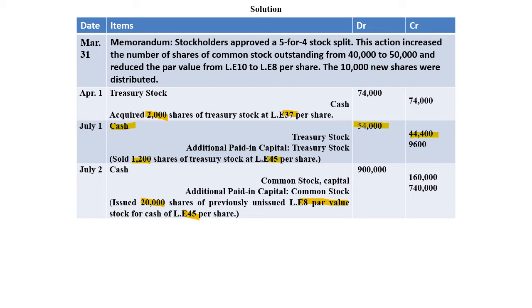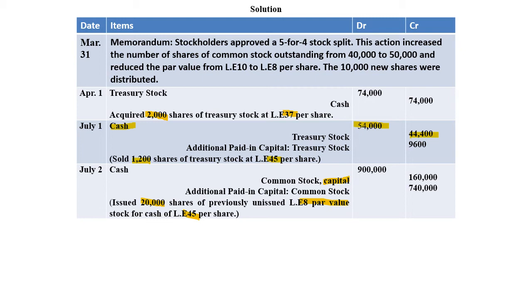Credit common stock capital, for the issuance of shares, the same as our first illustration, just revision. So common stock capital is credited by multiplying the number of shares by the par value. Usually we said that the capital is calculated using the par value, not the market price. So common stock capital is credited by 160,000, which is 20,000 times 8.